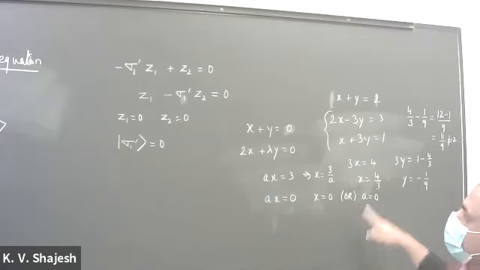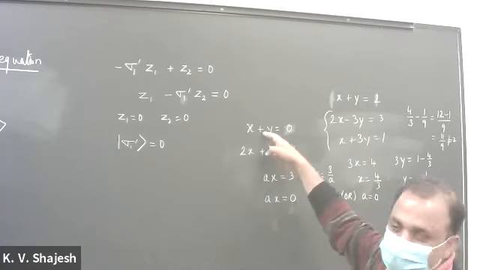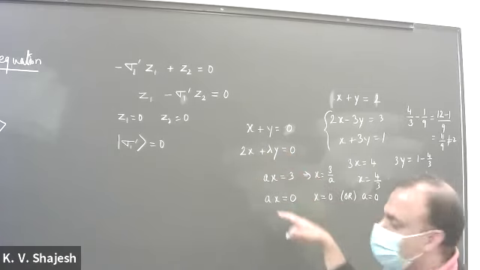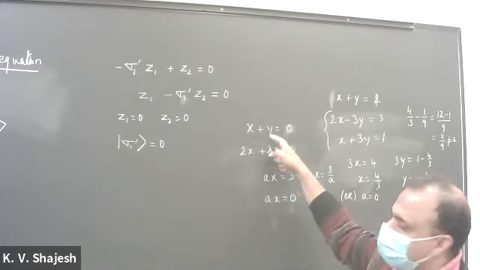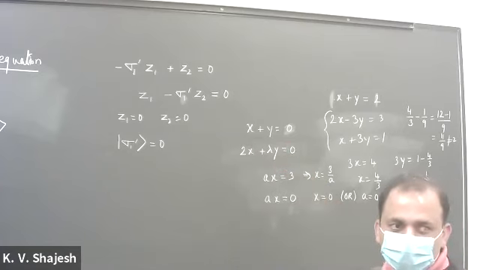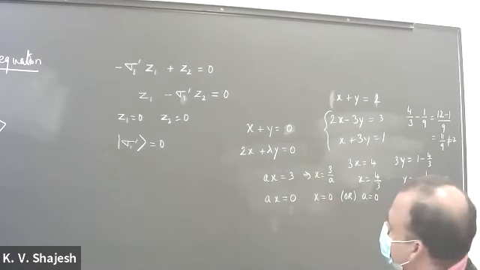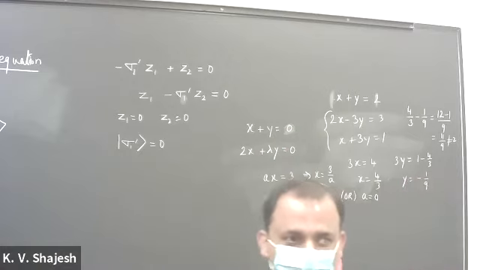Now, this is a generalized version of this. x and y equal to 0 is surely a solution. Give me a solution that is non-trivial.